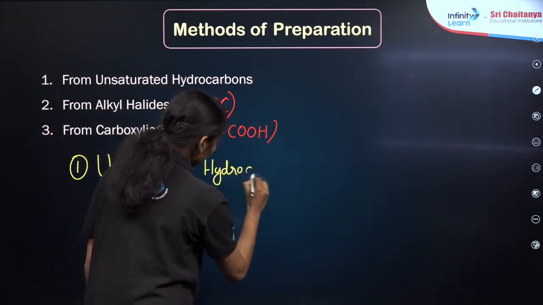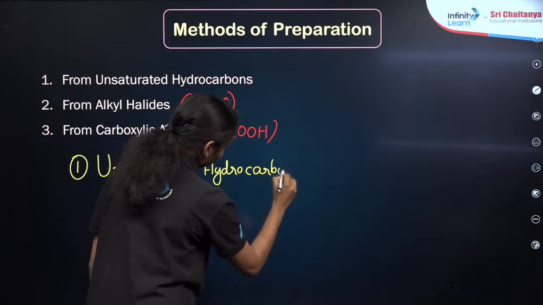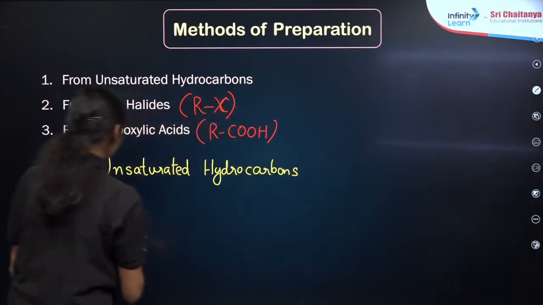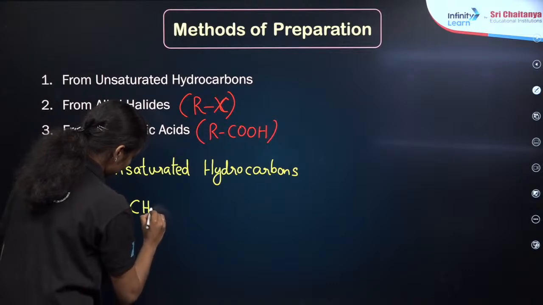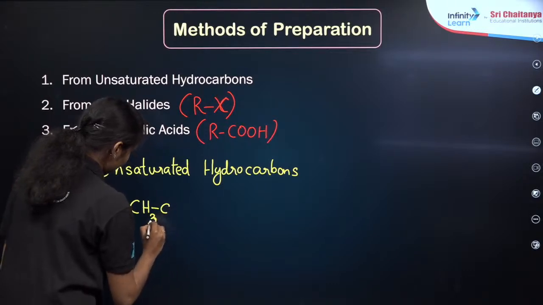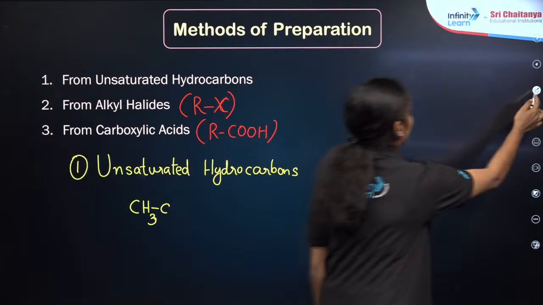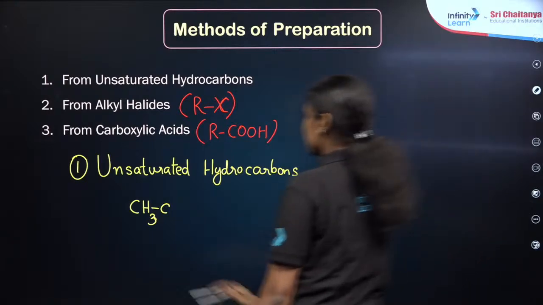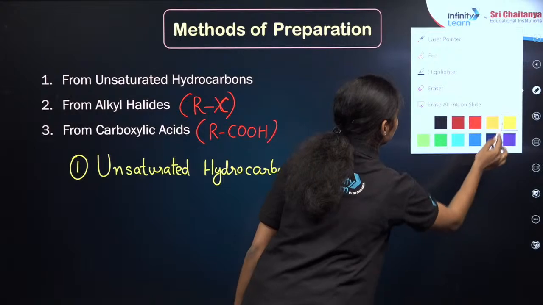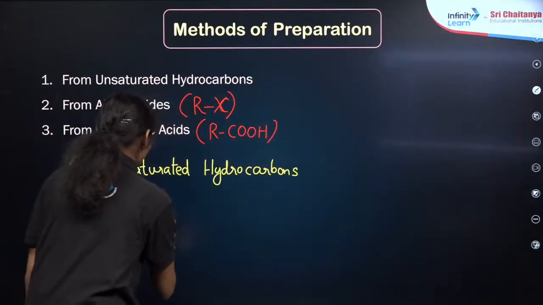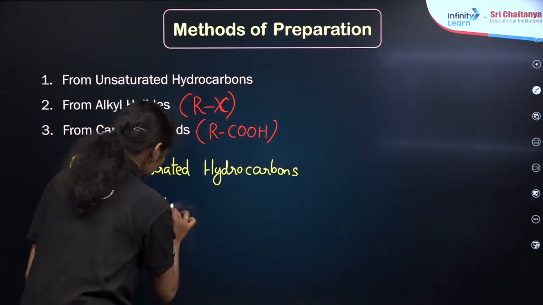First I will write the reaction here. For example, I will take the simplest one in order to understand: CH2=CH2, the simplest alkene, ethene.